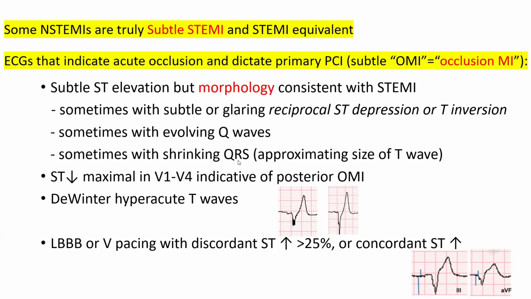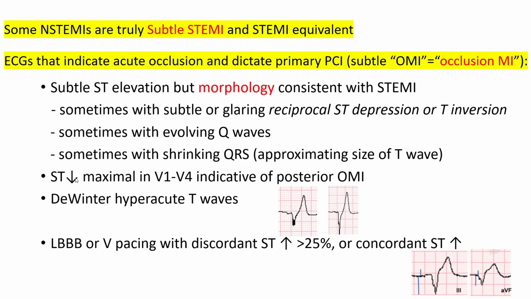And before you get Q waves, the R itself will shrink, so much so that it approximates the size of the T wave or becomes smaller than the T wave. So any of those, along with subtle ST elevation with a morphology consistent with the STEMI, suggests a subtle STEMI. And I have, under my talks of ST elevation and STEMI part 3, illustrations of that.